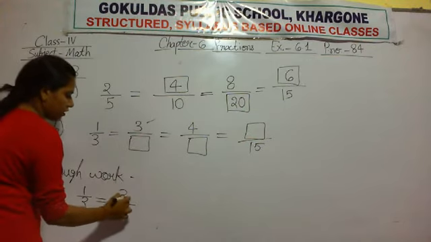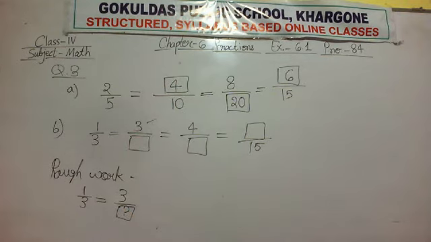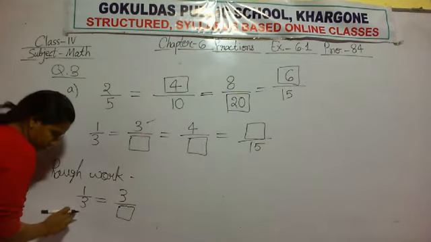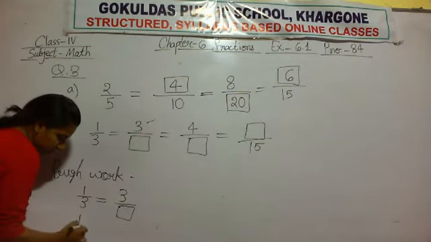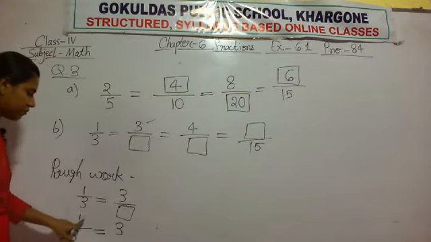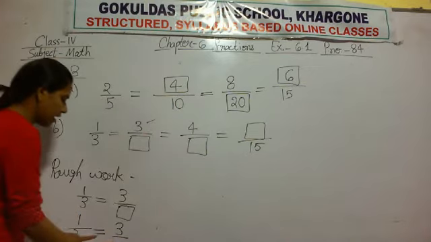And you want to find the value of this. What will come here? At the place of question mark, what will come here? Okay? Your given fraction is 1 by 3. Now what you will multiply or divide with this 1 so that you can get 3 here as a result.